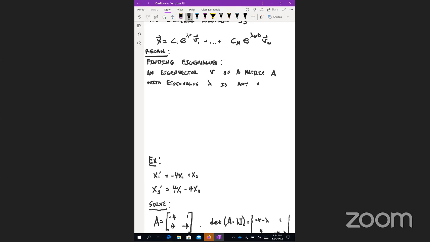is any vector such that A times v is equal to lambda times v. Okay. So how do we find these?